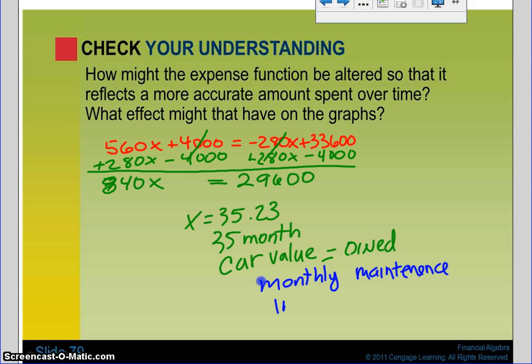And your insurance. Now you're getting a real idea of the value of that car, and it would change the equation just a little bit. It means it's going to take a little bit longer because the cost of the car has now gone up. There's really more to it because there is monthly maintenance and insurance involved.